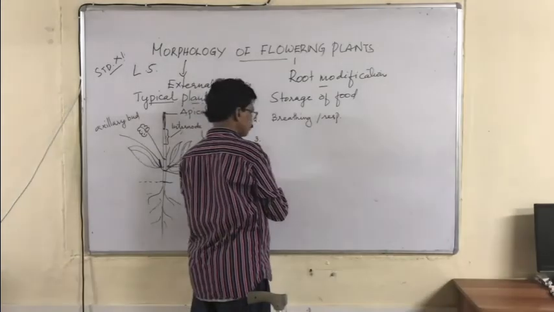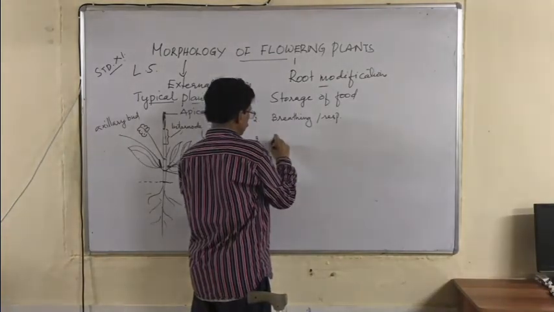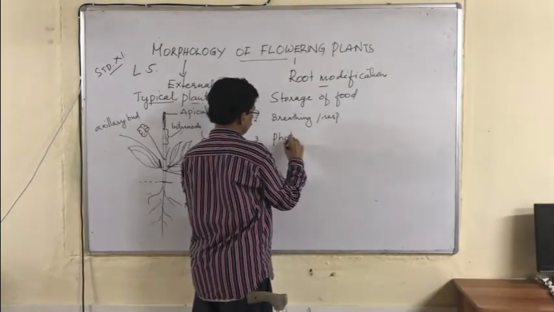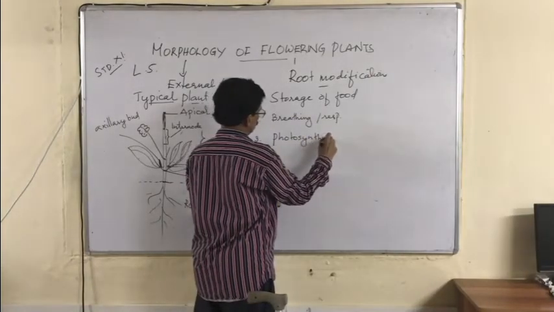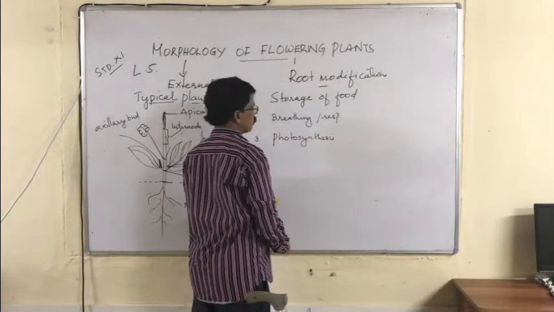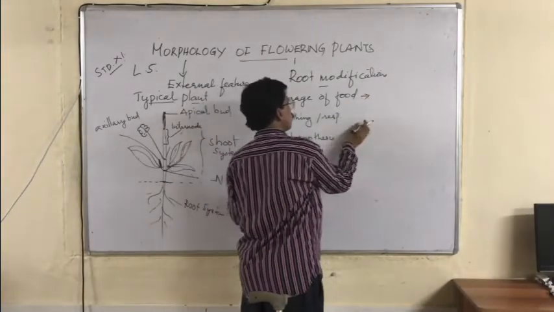Again, the third one: roots can be modified for photosynthesis.